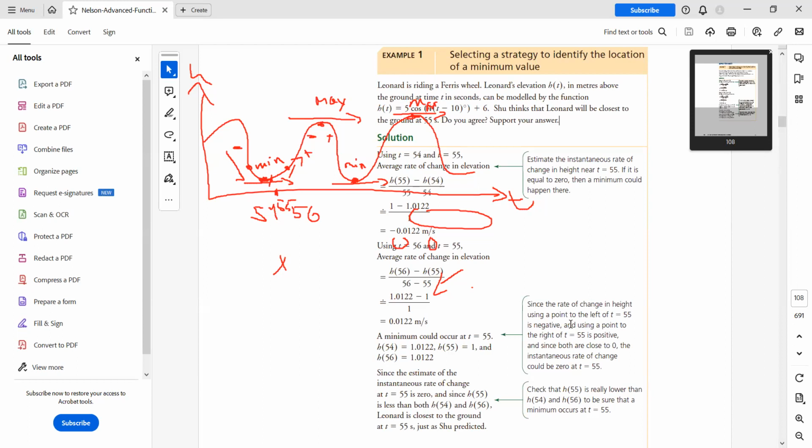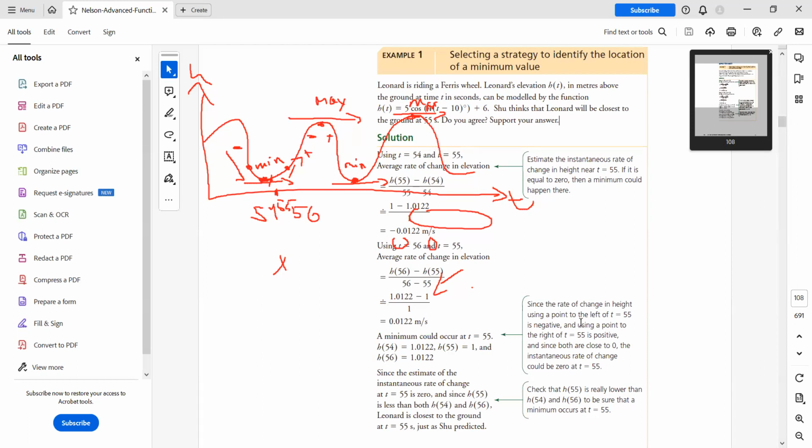Since the rate of change in height using a point to the left of t equals 55 seconds is negative, and using a point to the right of t equals 55 seconds is positive, and since both are close to zero, the instantaneous rate of change could be zero at t equals 55 seconds.